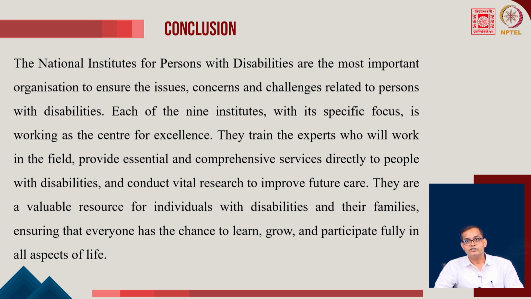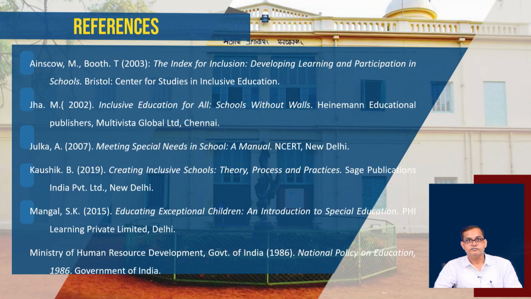They train experts who will work in the field of special education and rehabilitation, provide essential and comprehensive services directed to persons with disabilities, and conduct vital research to improve future care. They are valuable resources for individuals with disabilities and their families, ensuring that everyone has the chance to learn, grow and participate fully in all aspects of life.